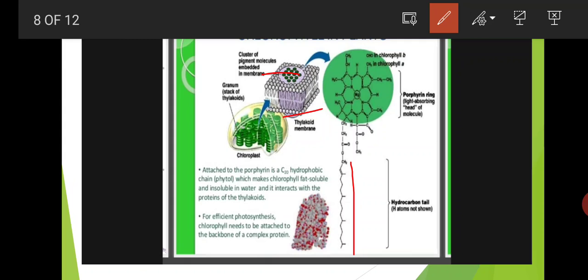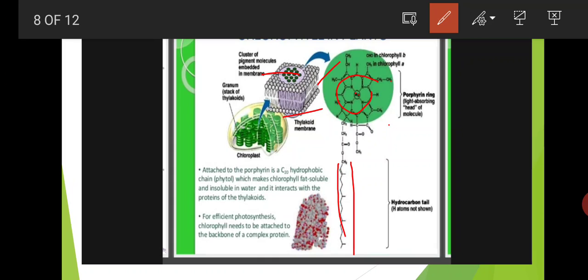This is the chlorophyll structure. The central metal atom is magnesium and it is a porphyrin ring. These are all the side chains, but here the long chain is called the C20 hydrophobic chain, also called the phytol chain.